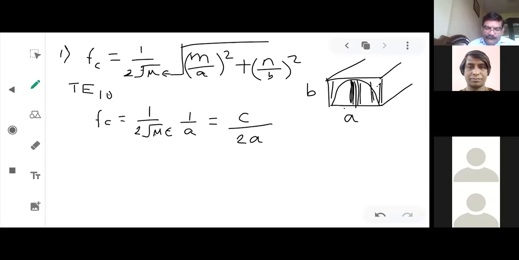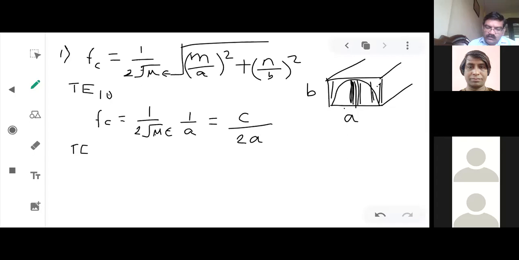Mu is mu r mu naught, epsilon is epsilon naught into epsilon r, so mu r and epsilon r are 1 if the medium is air. So let us consider that the dielectric medium inside the waveguide is air. In that case, the cutoff frequency becomes c by 2a.